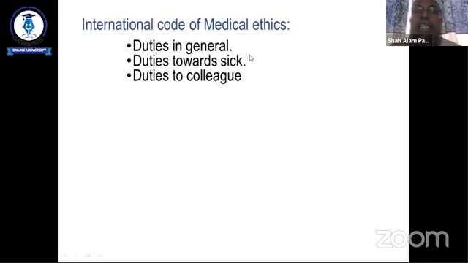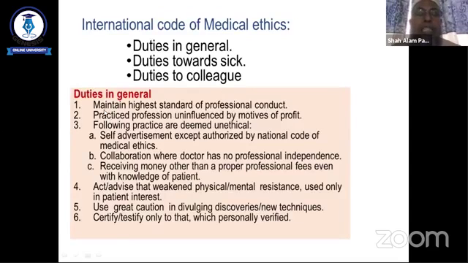Secondly, duties towards the sick, and thirdly, duties to colleagues. Duties in general: doctors should maintain the highest standard of professional conduct and should practice the profession uninfluenced by motives of profit.